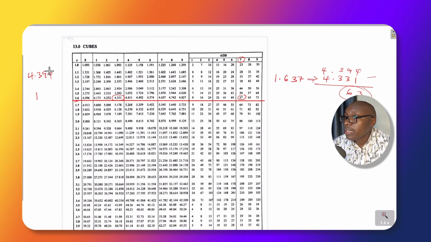So you start by checking in the tables of cubes whether you can get this number 4.394 directly there. If it is there, you just pick it. If it is not there, you check the closest number to that. And the closest number I found was 4.331. That was the closest, and it was at 1.63. I wrote it there.